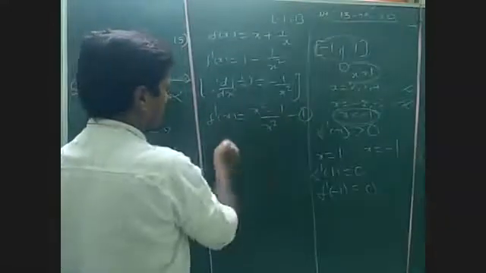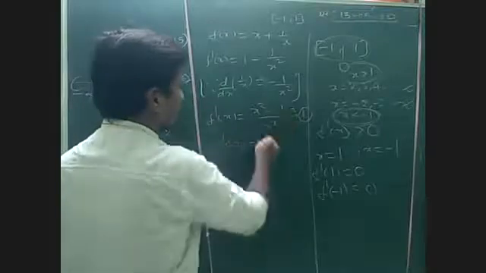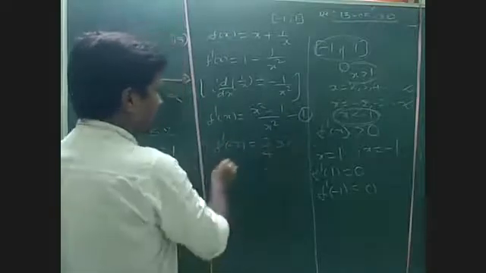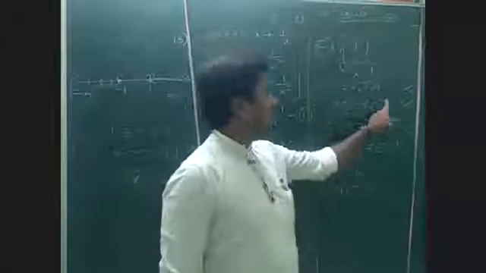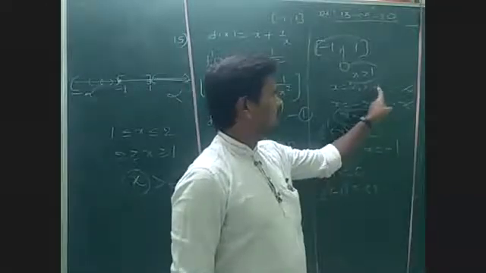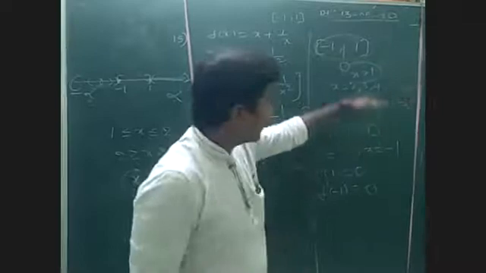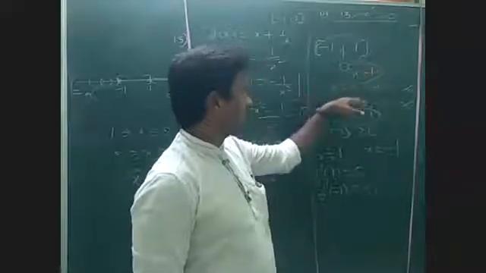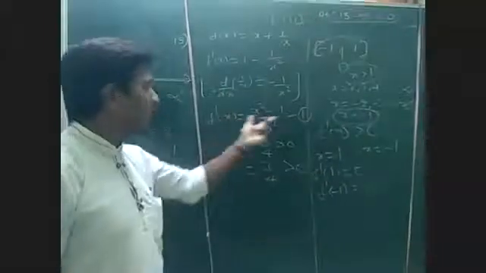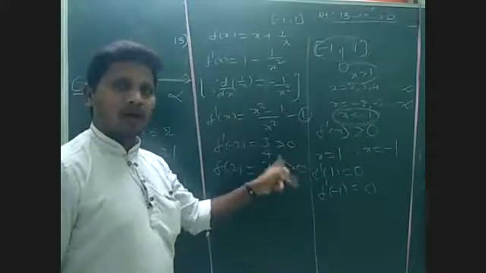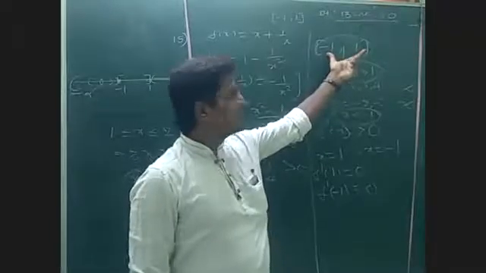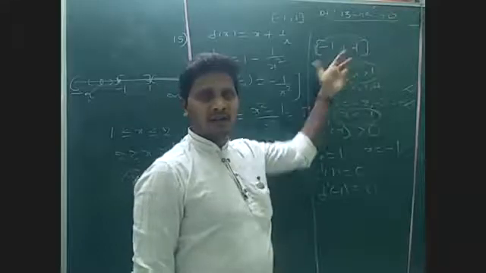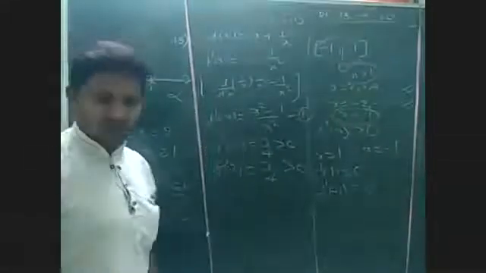Substitute any value like -2. -2 square means 4, so f dash of -2 becomes 4 minus 1, 3 by 4, greater than 0. And for +2 we also get 3 by 4, greater than 0. Like that, taking -2 up to minus infinite and +2, +3, +4 up to plus infinite, for any value of x, f dash of x is always greater than 0. So it cannot be strictly increasing in the interval -1 to 1, but except this interval, it will be increasing. So how to write the solution here?